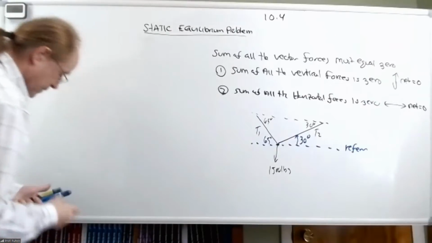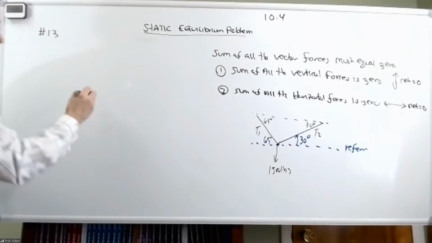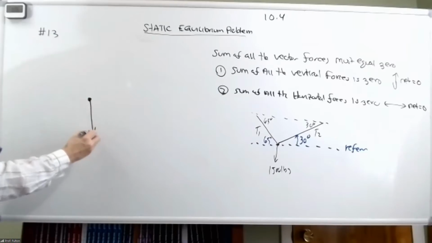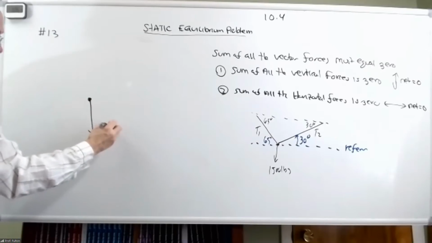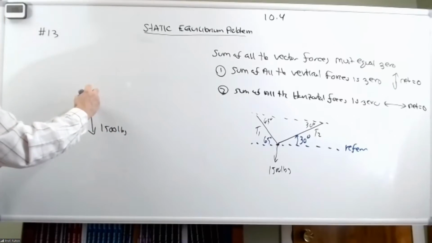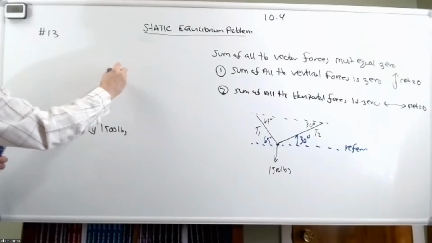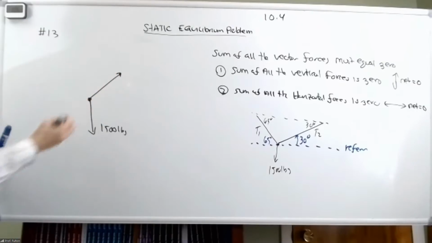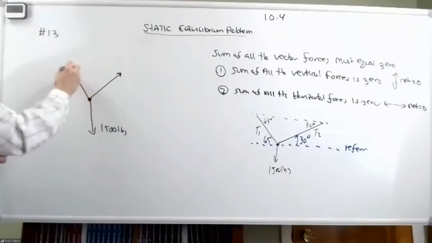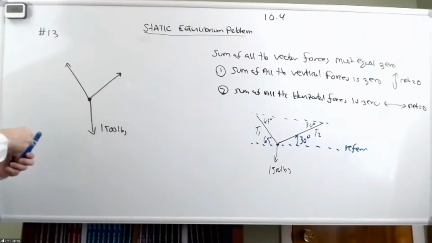We have this point here, and this goes down a vector, and it's 1,500 pounds. Then we have another vector here that's going in this upwards direction, pulling it upwards, holding it up. And another vector over here that's holding it upwards in that direction.